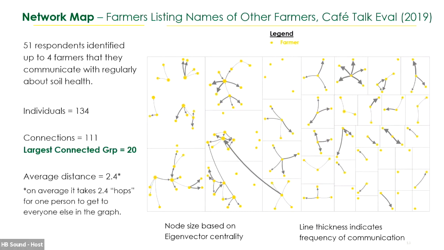You can see that great big blob of people that are all connected to each other. And the guys over on the right, they named some guy and the other guys named some other guy. Those guys are not necessarily connected to the network, but they're connected to each other. So there are a couple of points. But that one with the 20, they're all connected to each other somehow.